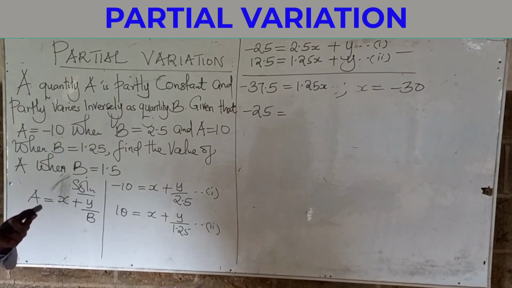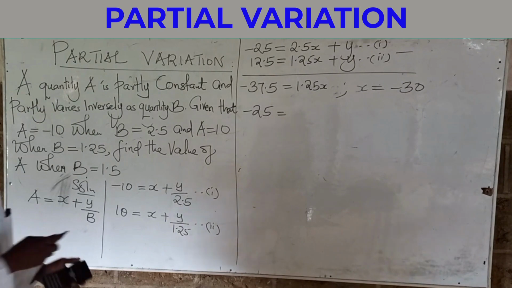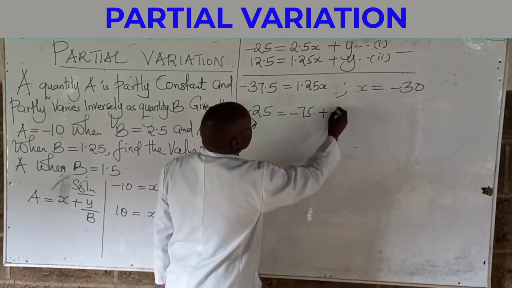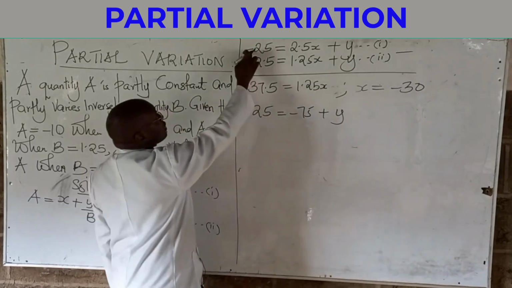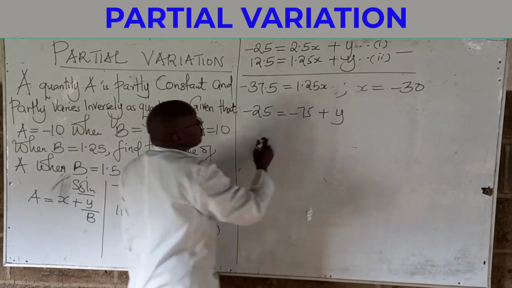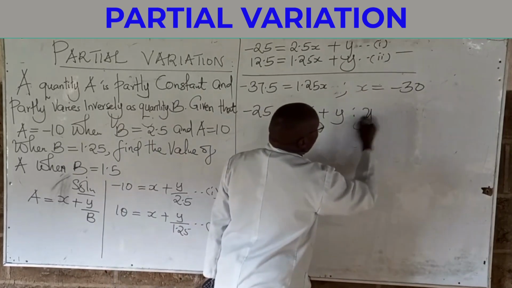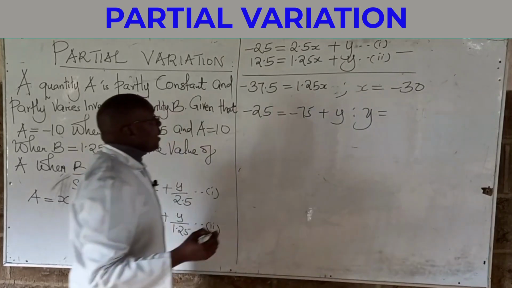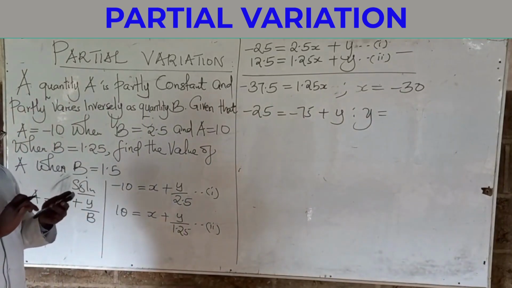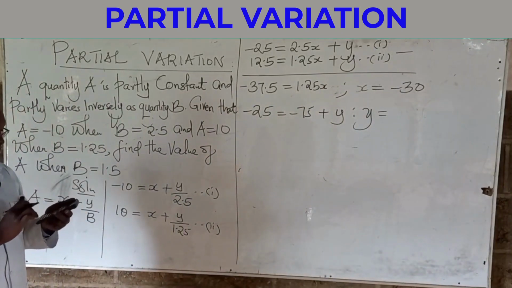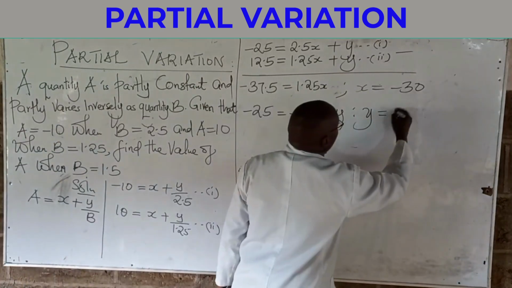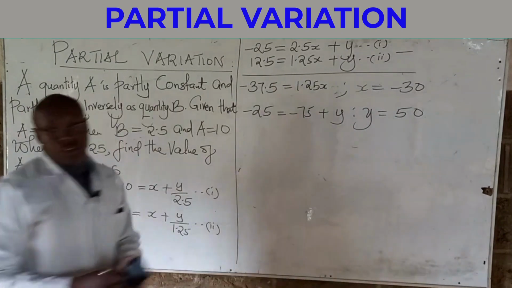We are substituting where we have X with the negative 30, and this will give negative 75, then plus Y. That is equation 1. So from here you can get the value of Y. We take negative 75 to the left-hand side, and we get negative 25 plus 75, and that will give 50. So we get 50.